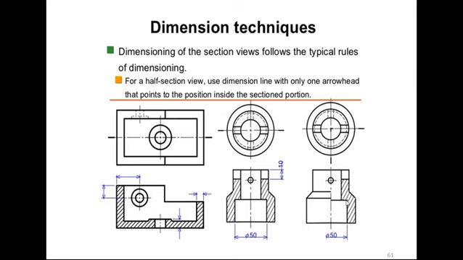Because we have already taken the half section, we are going to show the dimension for this half section in the half area with a single arrow. See here we have used a double arrow, and for half section we are required to use a single arrow. So this is the dimension technique while we are doing hatching, when we are doing sectioning, for full section view and half section view.